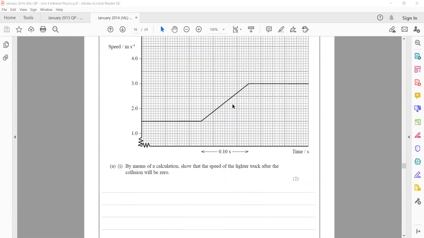So how can you identify the halfway point during a collision? This interval is 0.1 of a second, so the halfway or center point will be this.